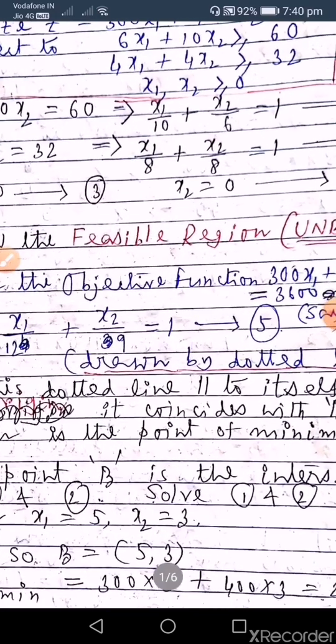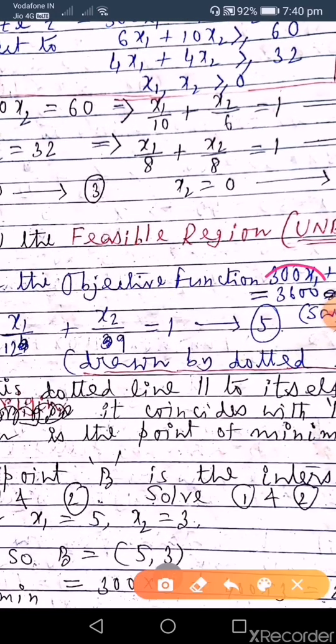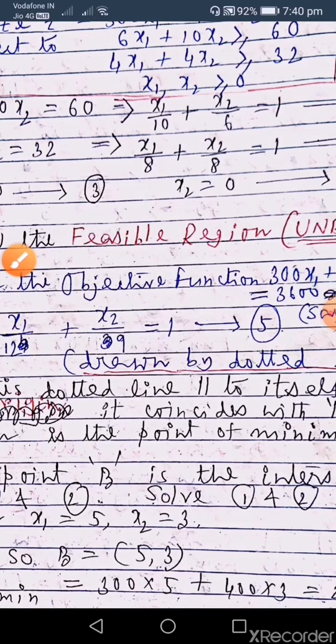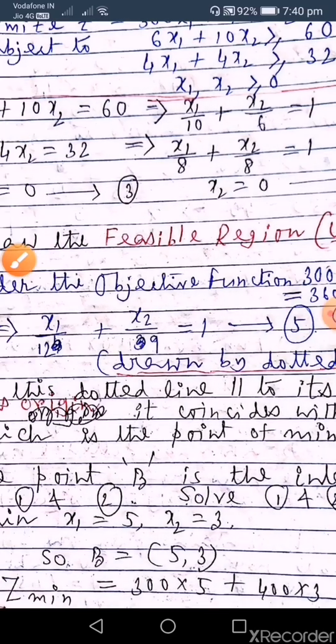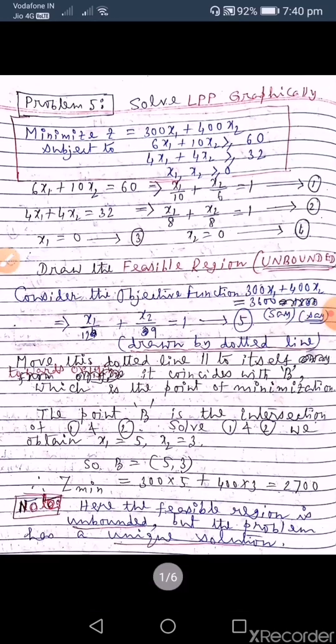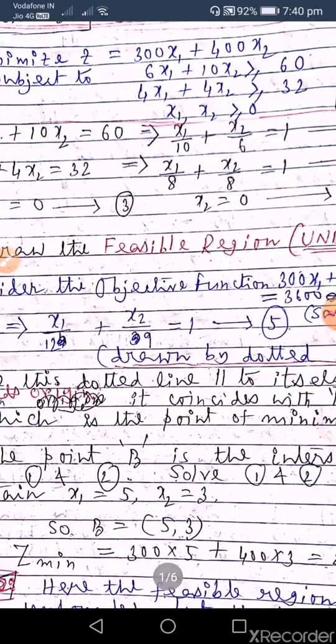In particular, here we have taken z is equal to 3600. You can take also other values of z, no problem. So considering z is equal to 3600, it becomes x1 by 12 plus x2 by 9 equal to 1.